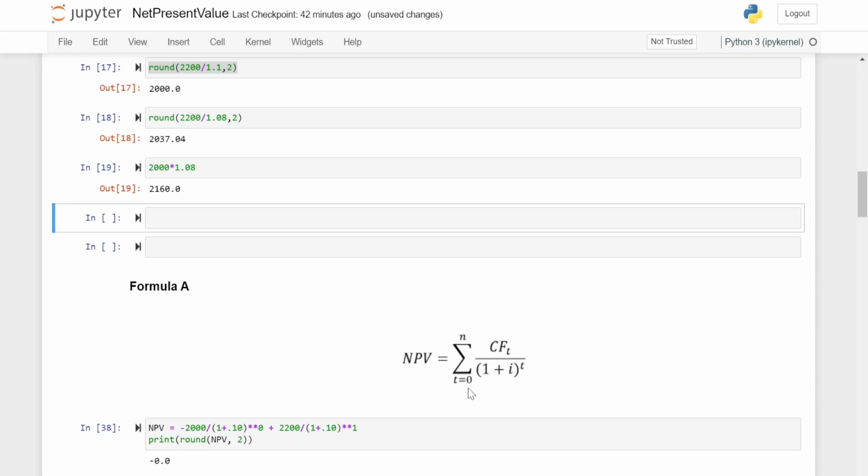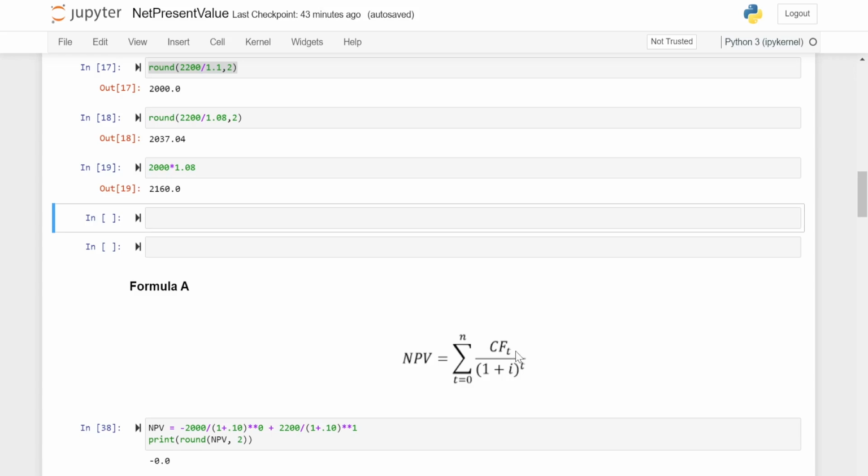Period 0 is the period when we are putting in money, when we are investing. That is cash outflow. In our case, it is 2000 rupees. And cash outflow we will always write as a negative figure. Minus 2000 we will say.